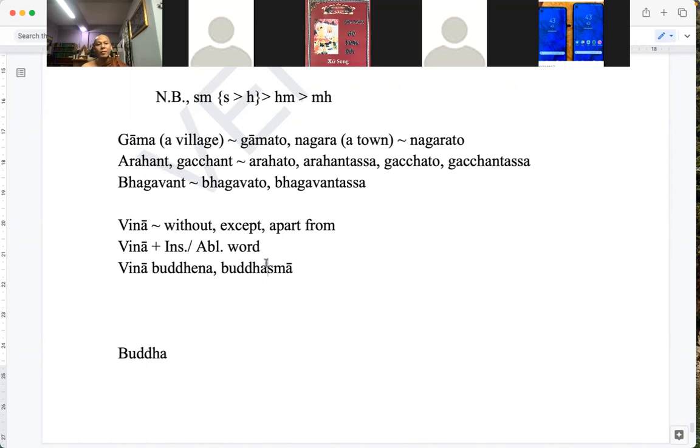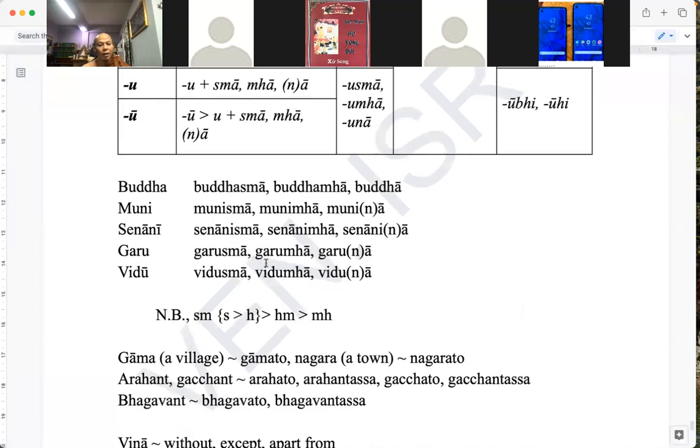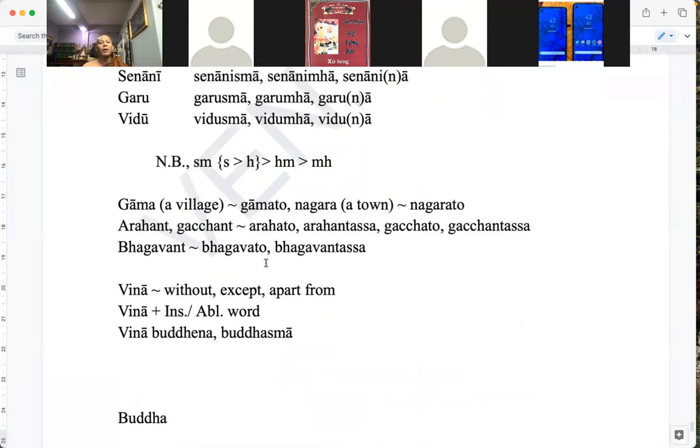And then Hado. Yes, Bante. For Sadim and Saha or Vina, when we add them together with the instrumental, or with both instrumental and ablative, do we add with the singular, or can we add both with singular and plural? Both, yes.